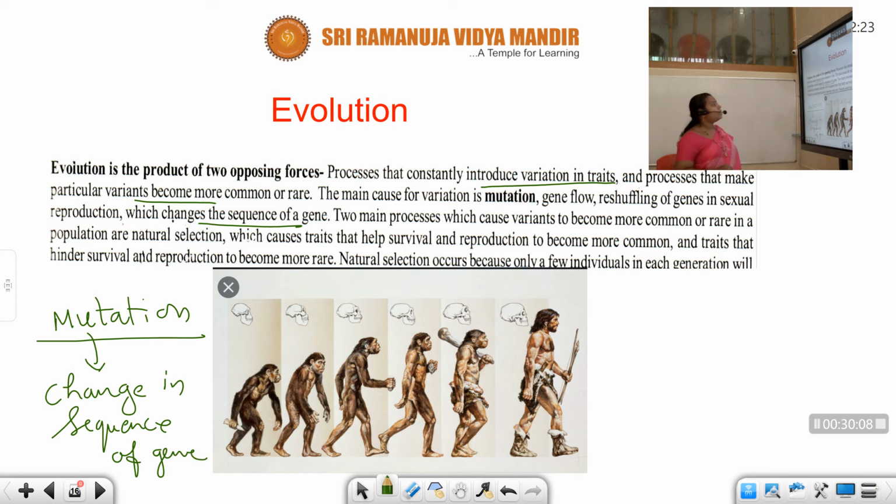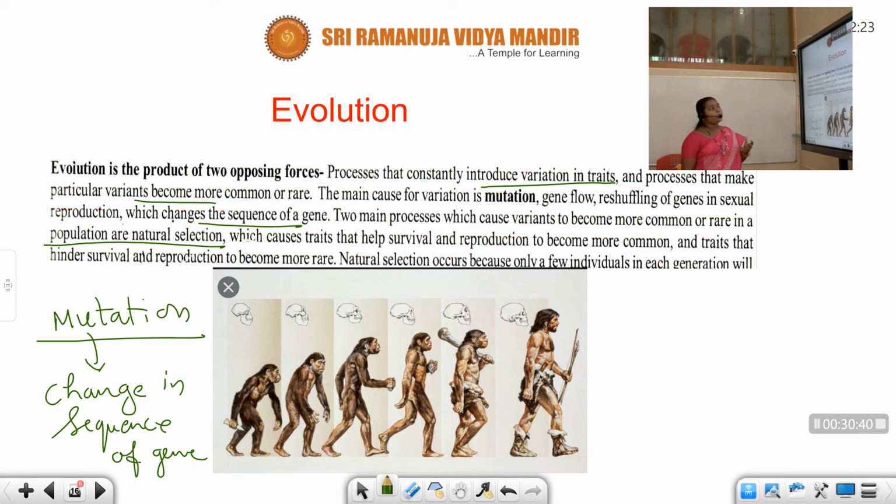The two main processes which cause a variant to become more common or rare in a population are natural selections, which cause traits that help survival and reproduction to become more common, and traits that hinder survival and reproduction to become more rare. In this lesson we are going to learn about evolution also, the product of two opposing forces.